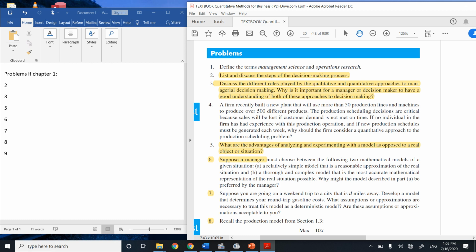Okay, 7. Suppose you are going on a weekend trip to a city that is d miles away. Let's state some of these over here: d miles away, d is the distance.